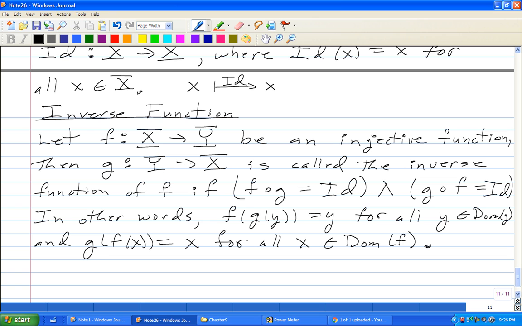Okay, so unfortunately, this is not the best sort of notation because it's confusing for students. So note the following.